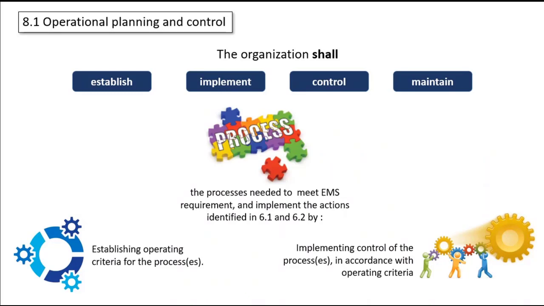And to do that, you must have the operating criteria of these processes. Later we will show you what operating criteria are. And secondly, you must have control of this operating criteria.